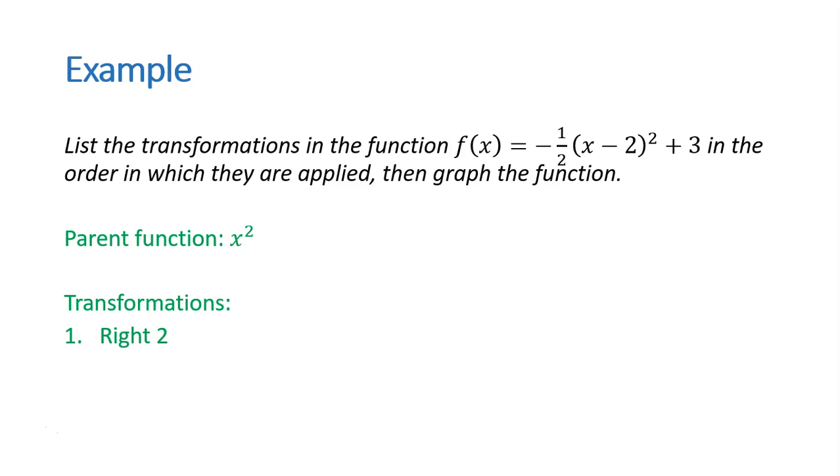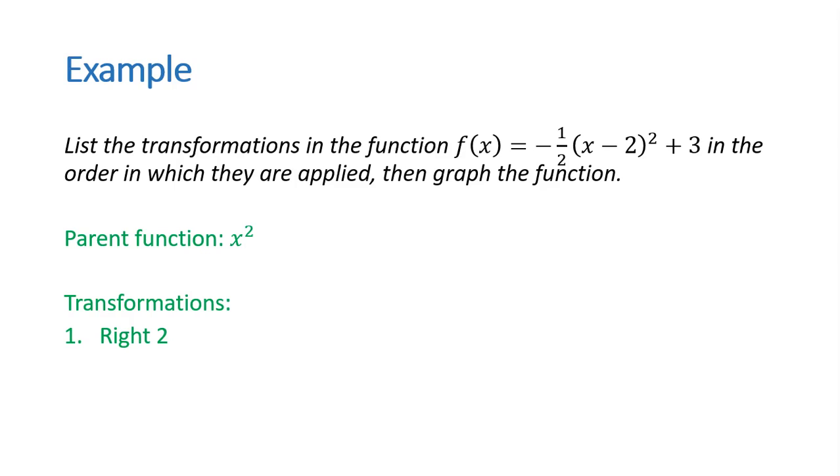Okay, so next we look for stretches or shrinks. Those are always going to be multiplications. In this case, we're multiplying by a 1/2 out front. Remember, we treat the negative and the 1/2 as being separate parts. So just the 1/2 is what we care about right now. The 1/2 is being multiplied after the parent function is applied. So if it's after we're squaring in this case, it's going to be a vertical transformation.